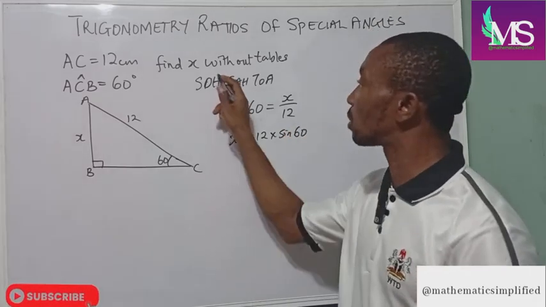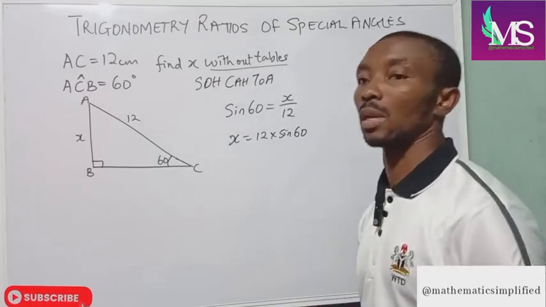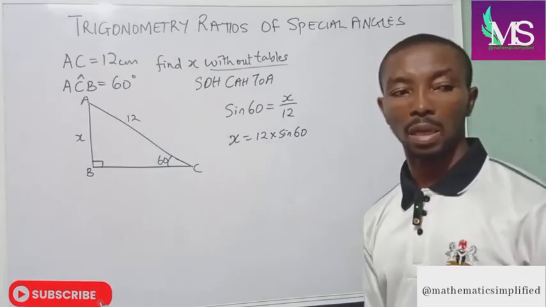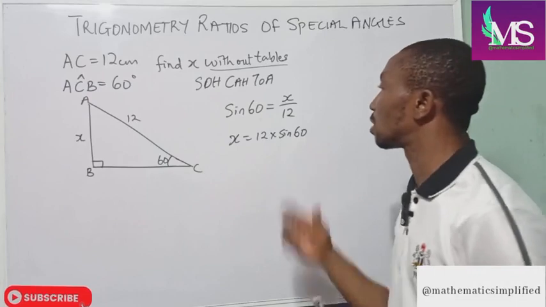Now, since they said without using tables, that means they expect us to use the special angle theory in calculating sine 60.